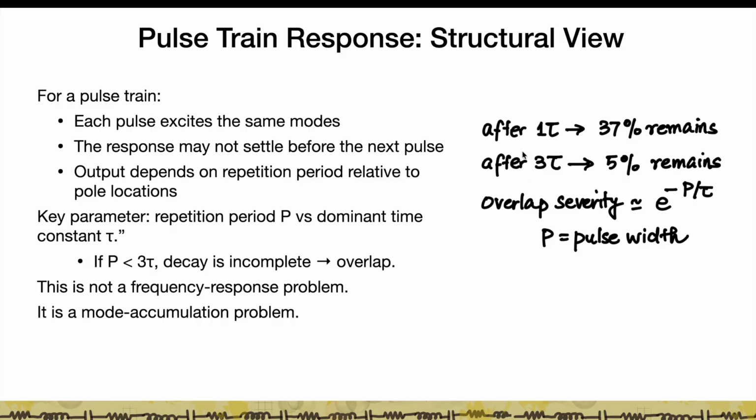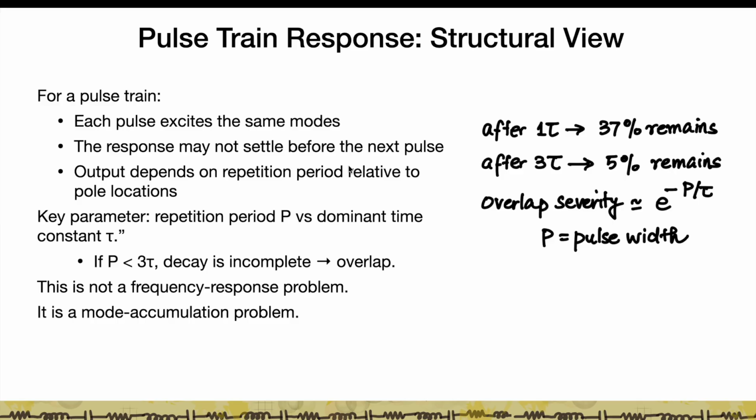This slide is emphasizing something very important. Pulse trains are not merely frequency response problems, they are mode accumulation problems. Each pulse excites the same modes. If the repetition period is short relative to the decay time, then the next pulse hits the system before the previous response has died.